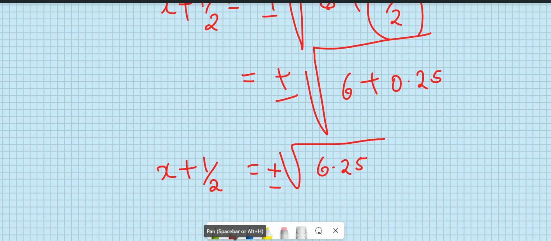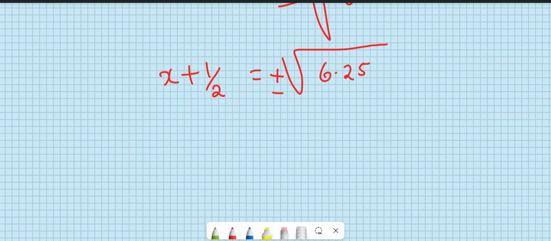So let's proceed. Next, what is the square root of 6.25? The square root of 6.25 in my calculator is 2.5. So therefore x plus a half, which is the same as x plus 0.5, equals plus or minus 2.5.